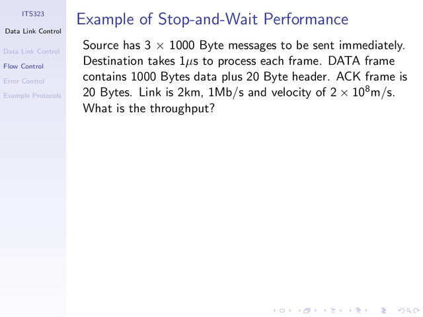What else can we do, or what other factors impact upon the efficiency? Size of frame. Someone said that already. What else? Size of the ACK. Okay. So the ACK, in our case, took 160 microseconds. That is a time where we're not sending real data.